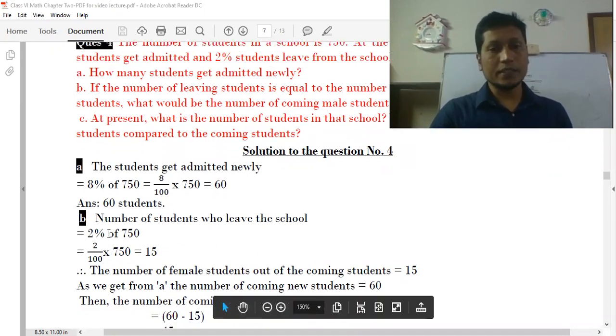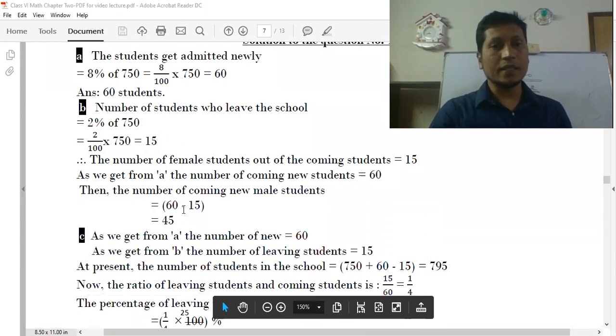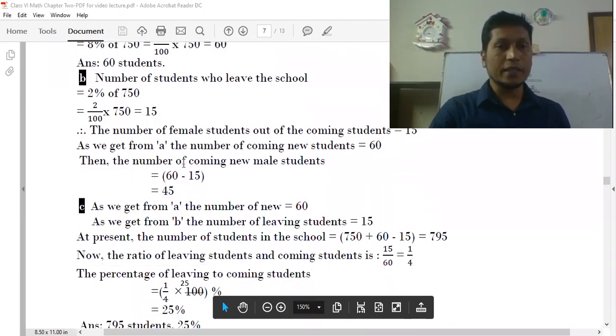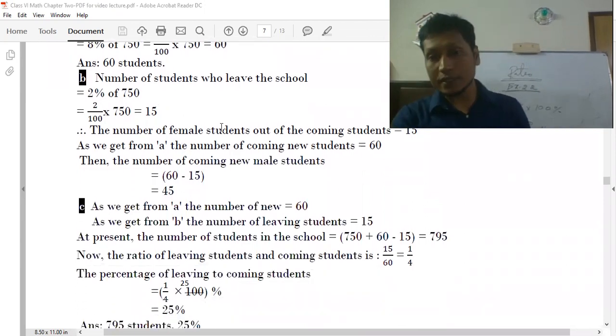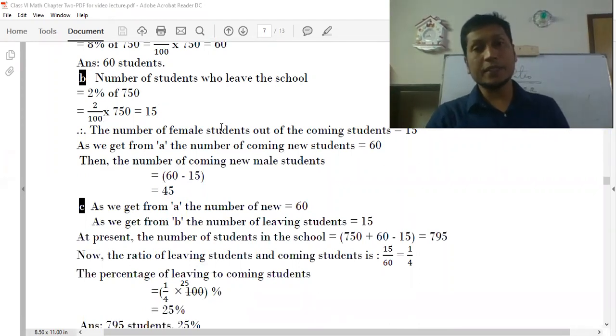So 2% of 750 is 2 by 100 of 750, that is 15. That is, 15 students left the school. And the question says the number of female students is equal to the number of leaving students. So the number of female students will be 15.